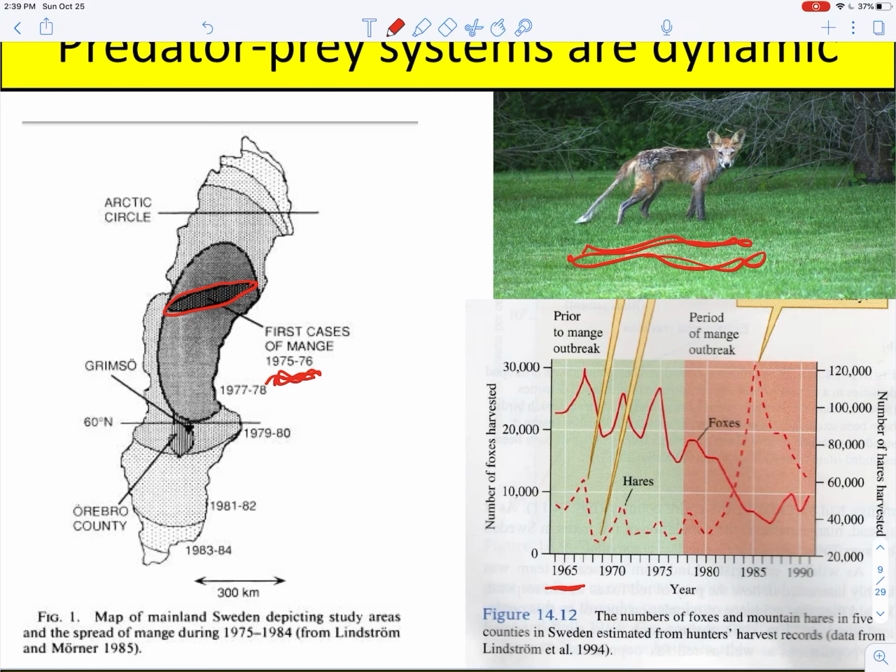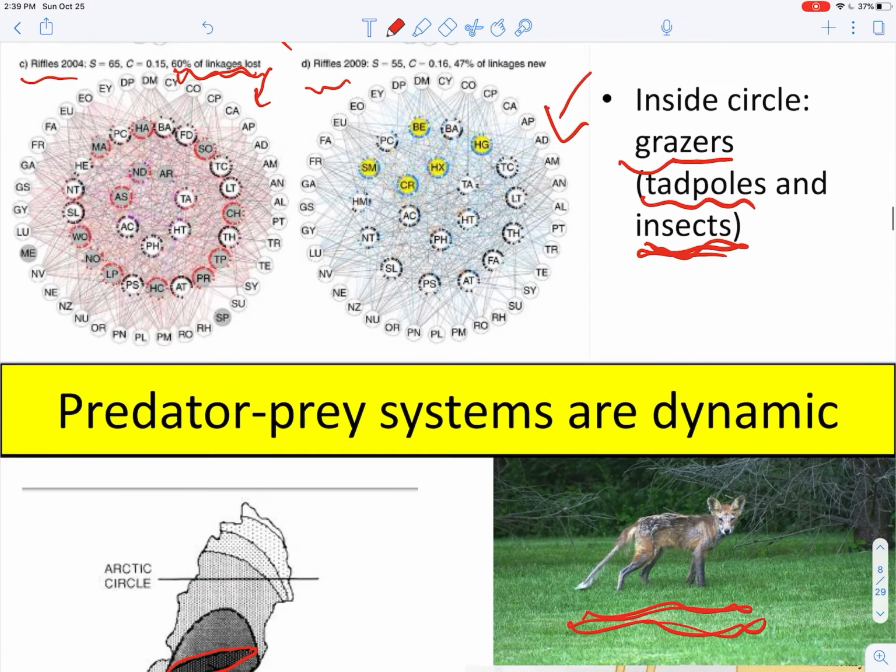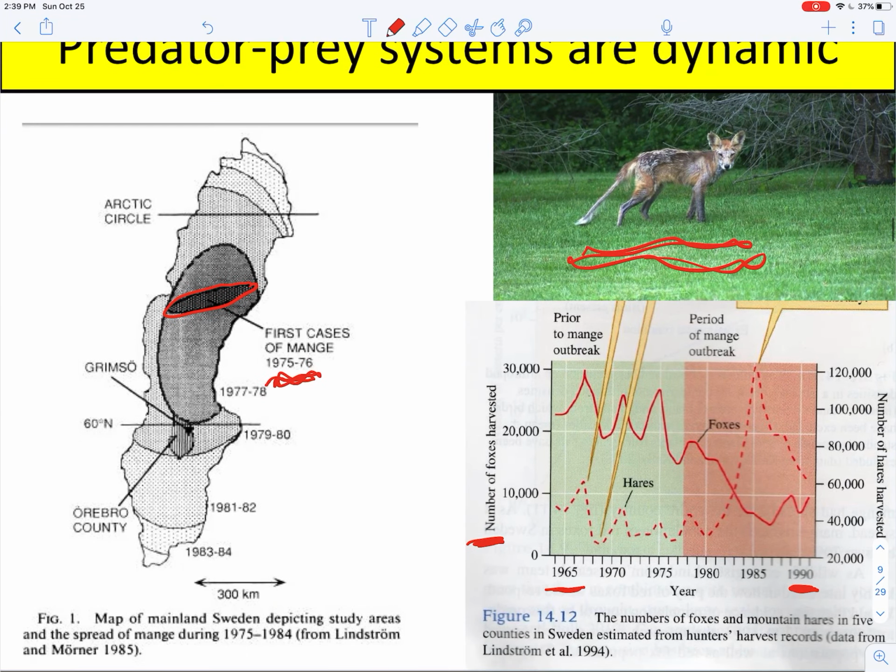And what we're seeing here are dates from the mid-1960s all the way up to 1990, with the number of foxes harvested and the number of hares harvested.